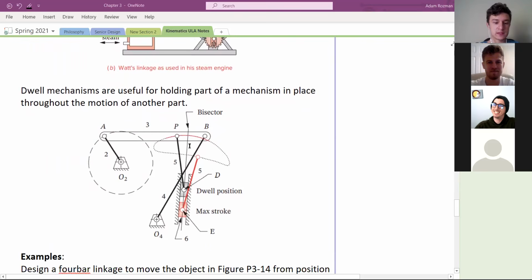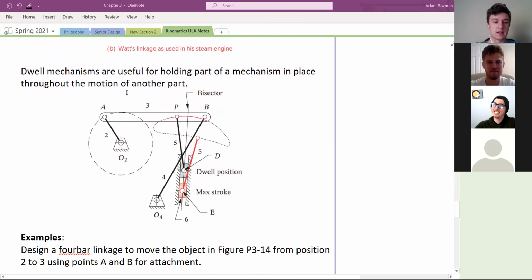So dwells are basically just points in the coupler curve in which part of your mechanism is stationary or almost stationary. A lot of these straight line mechanisms and dwells aren't perfectly straight line or perfectly dwell positions. They're just really close, because it's hard to turn rotation into straight lines and stuff.